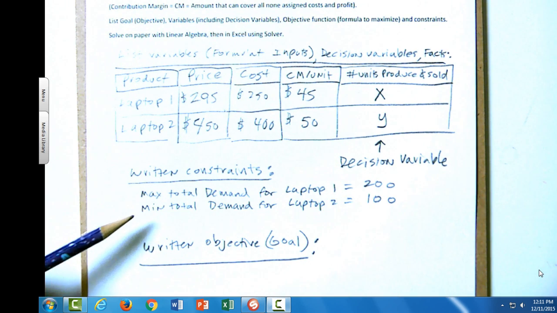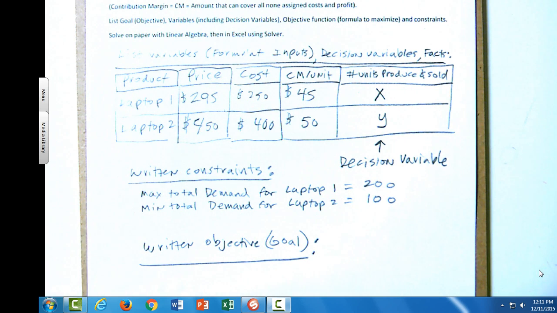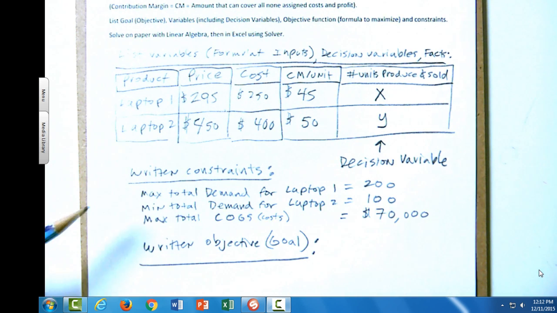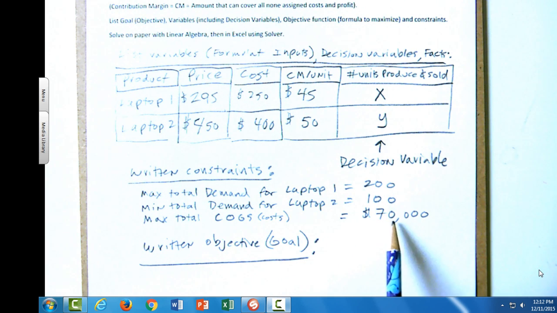Another constraint, the min total demand for laptop 2 is 100. And when we make our constraint function or formula, that will be the lower limit. Our next written constraint, the maximum total cost of goods sold is $700,000. Again, when we do our math formulas and our Excel formulas, that will be the max amount.